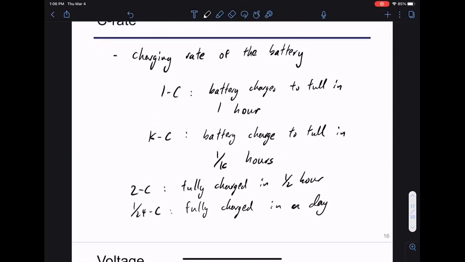So what controls the C rate? There are two things that control it. The first is degradation. The faster you charge it, the more stress you put on the battery, so the battery dies faster.